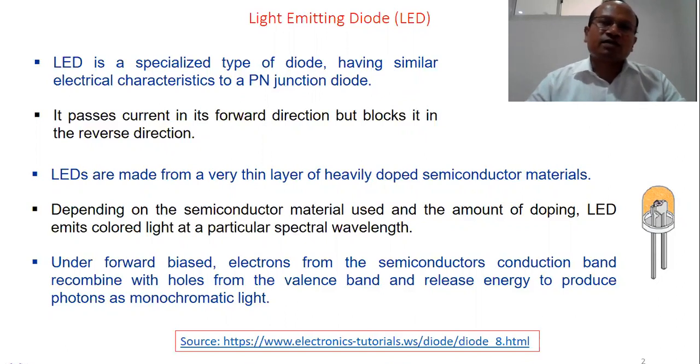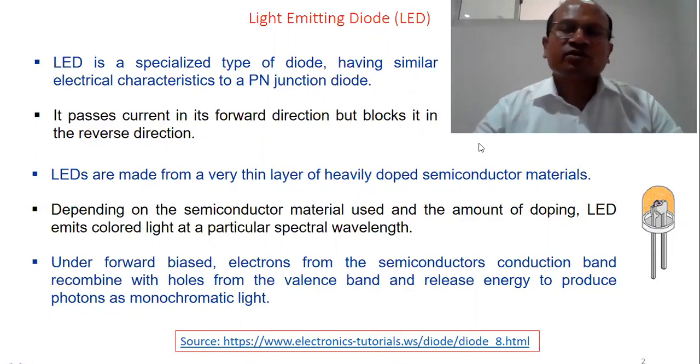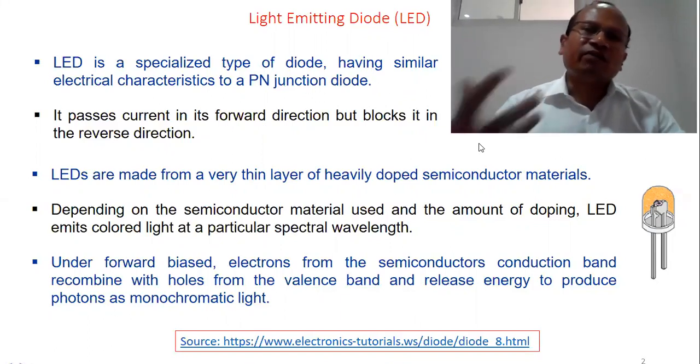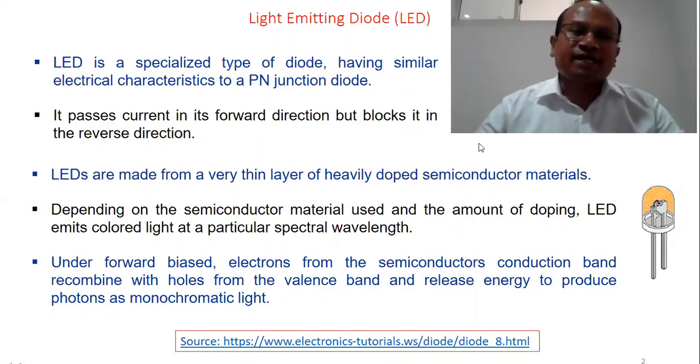When we see the characteristic of LED, it is almost similar, but as its name suggests, there is a main difference. In an ordinary diode, when it is forward biased, what happens? Current flows. So input is electrical, output is also electrical.